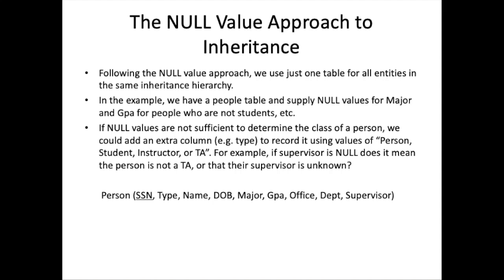And so in the example, we have a people table and supply null values for major and GPA for people who aren't students. We supply null values for office and department for people who aren't instructors. And we supply null values for supervisor for people who aren't TAs.